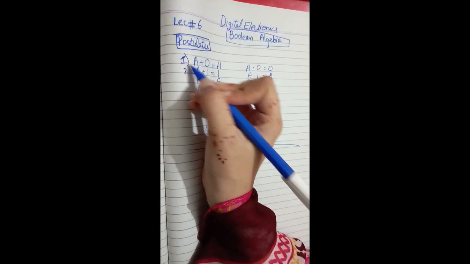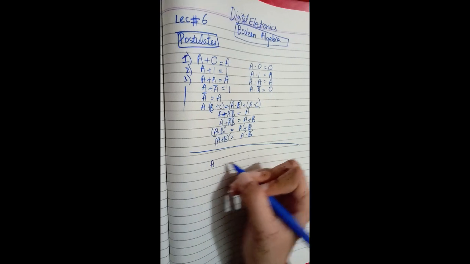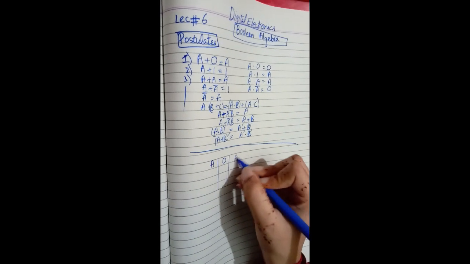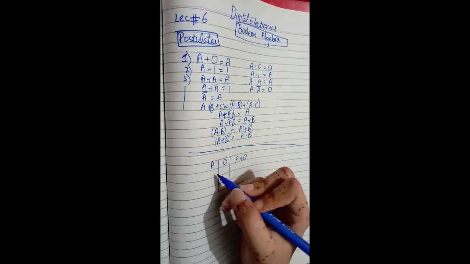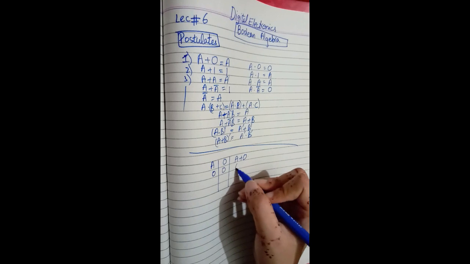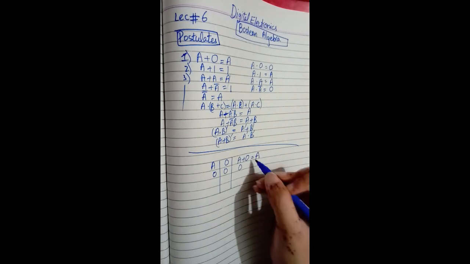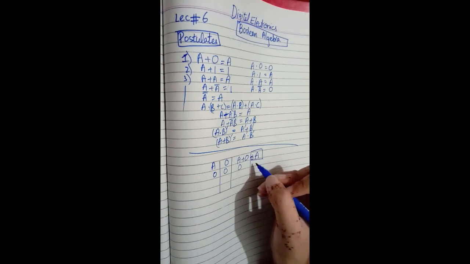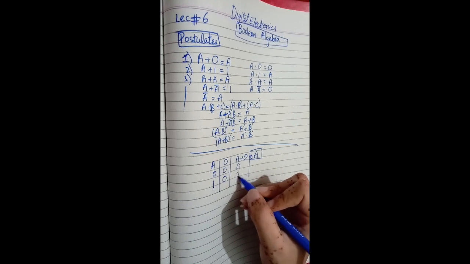These are our postulates. We can prove them, and we will prove the first one. It says that A and 0, when we add them, A plus 0, we get the result A. Like 0 plus 0, the answer is 0. So if we add 1 plus 0, the answer is 1.